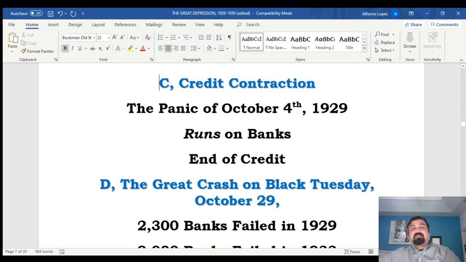Okay, on October 4th of 1929, in which the population realized that if this trend continues this way, the rising unemployment, the credit contraction, the slowing down of the economy, you need to run to the bank and withdraw all your savings all at once before that bank will close.